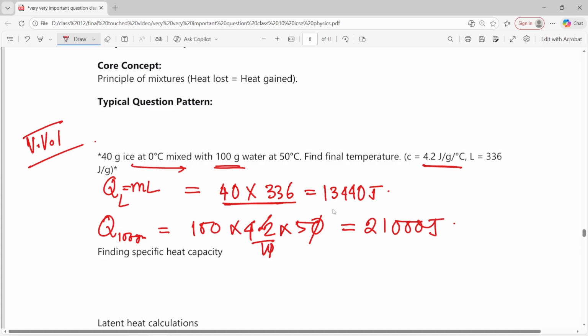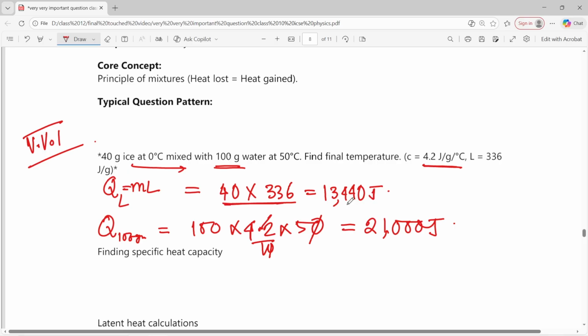This 21,000 joule is obviously greater than 13,440 joule, so there is remaining heat after the melting.